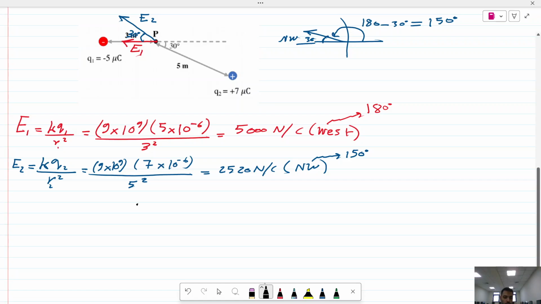So we'll do a small table. We'll calculate the x components over here and the y components over here.